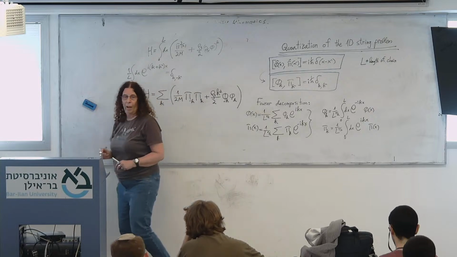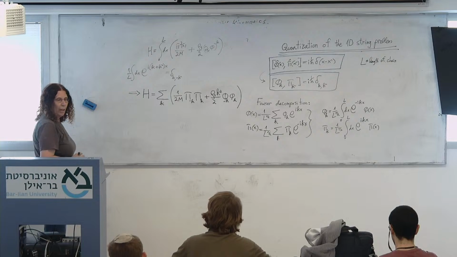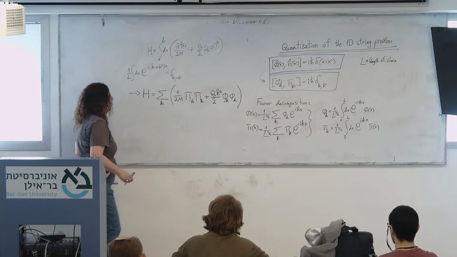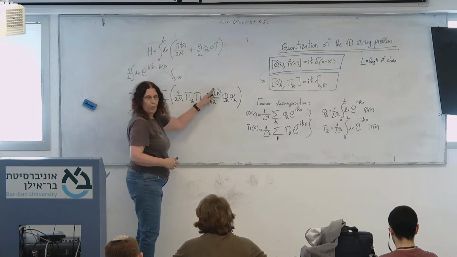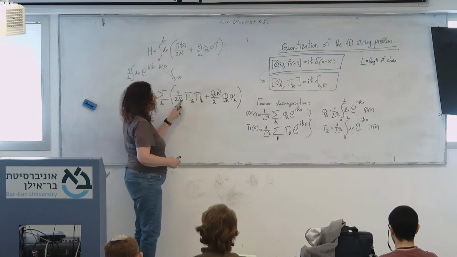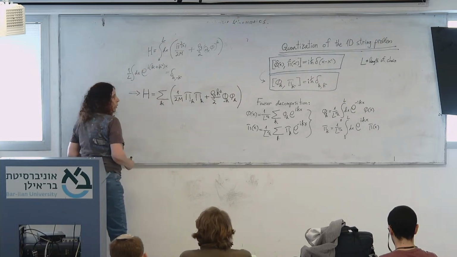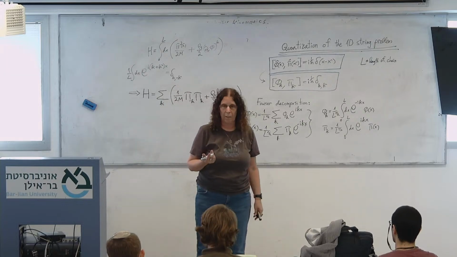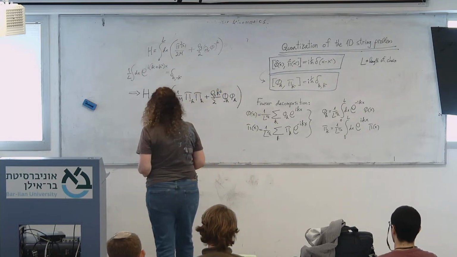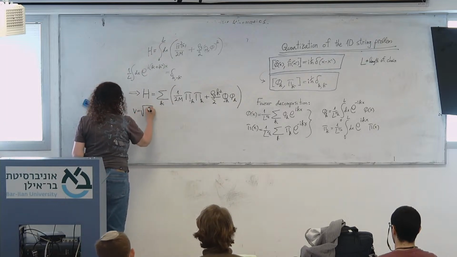Okay? And let me go one more step and remind you that from the parameters of this theory, we have the stiffness, rho s, and the mass of the original particles, capital M. And we saw in the wave equation that it defines a velocity, right? So there is a velocity, which is the square root of rho s over m.